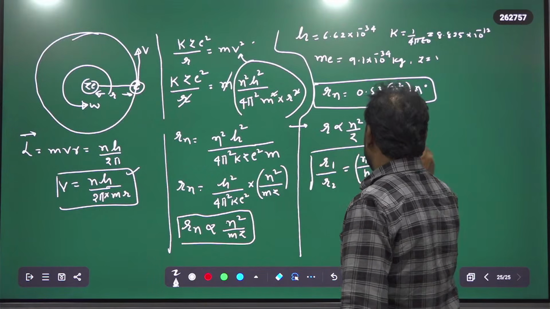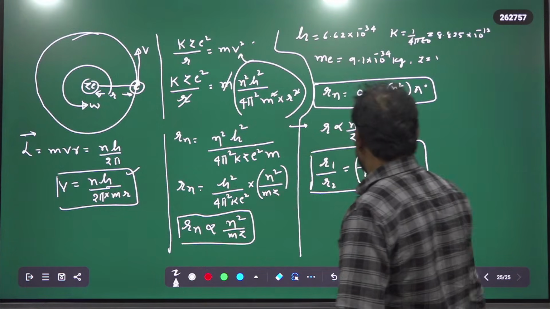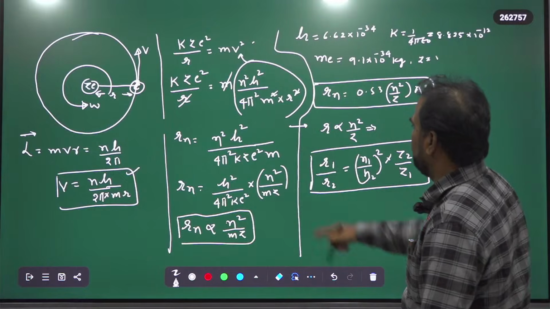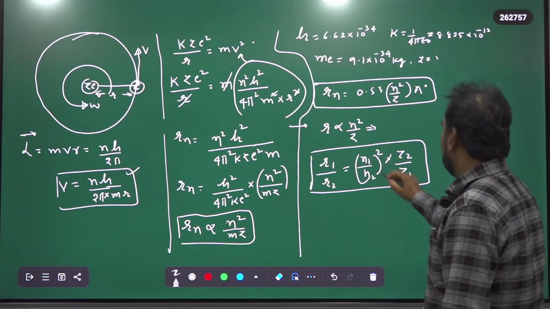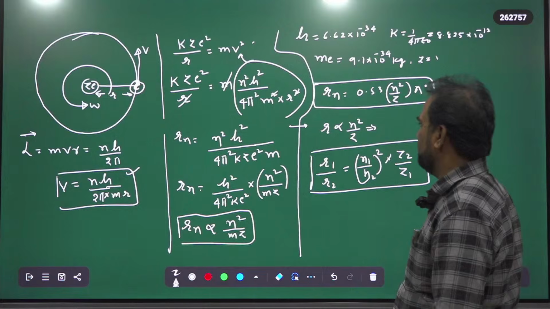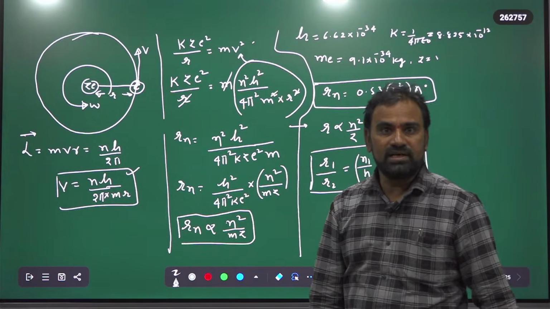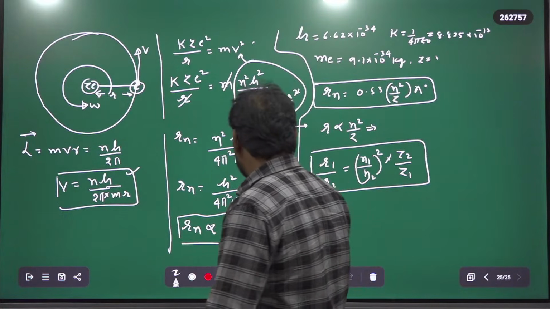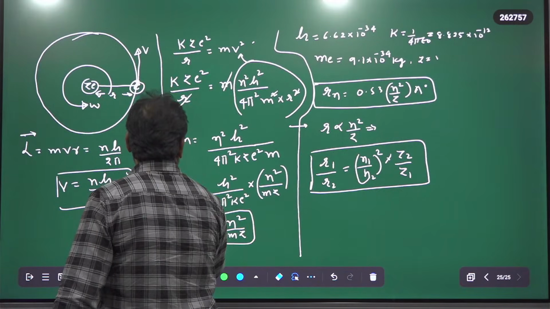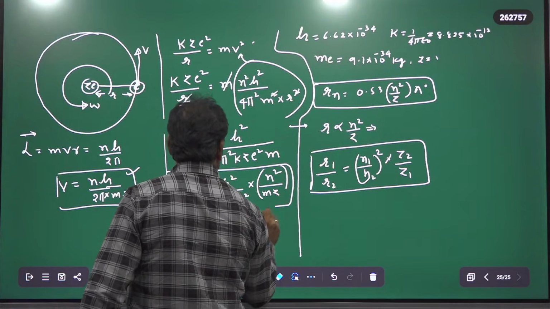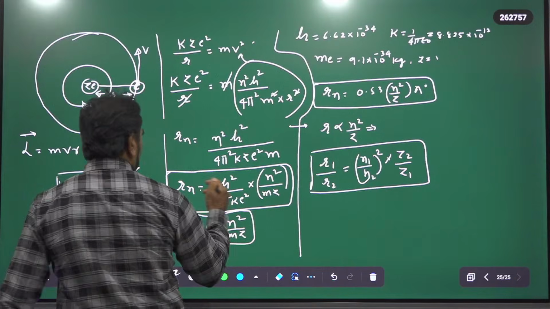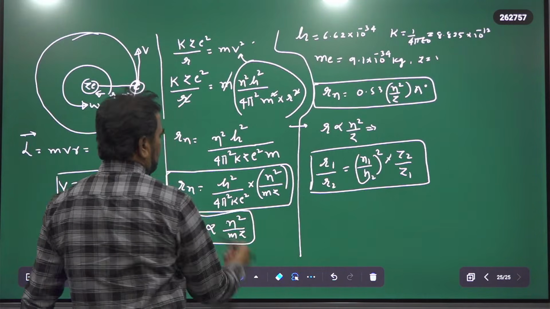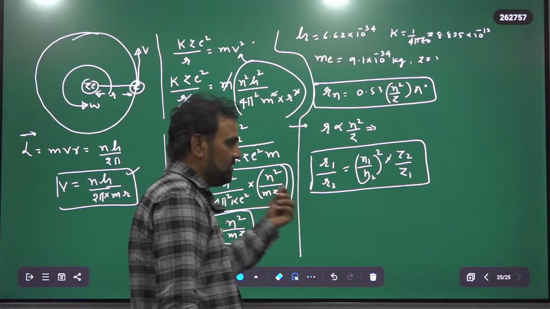This is a relation between radius and atomic number, and the number of orbits. Is it clear? Radius of the nth orbit is given by Rn is equal to h square upon 4 pi square k e square into n square upon mZ.